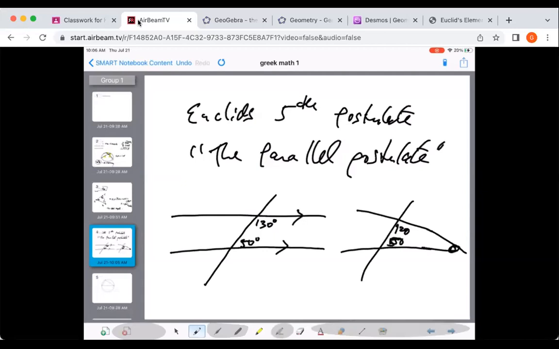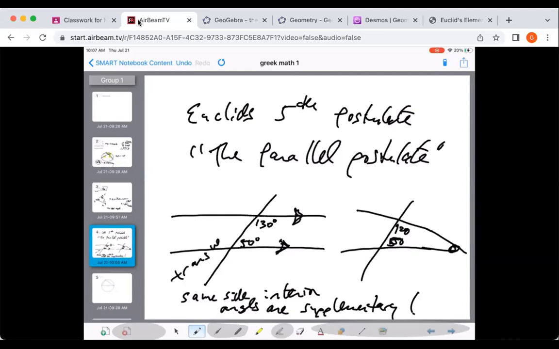So it basically says, in modern terms, same side interior angles are supplementary. If you have parallel lines and a line that crosses them is called a transversal. That's what Euclid's fifth postulate kind of says. There are consequences of it that are equivalent.